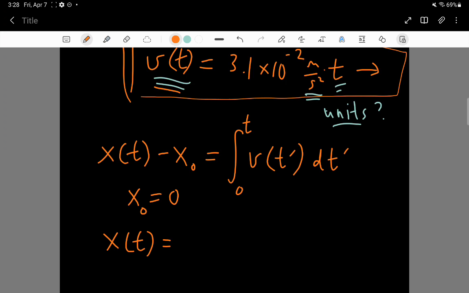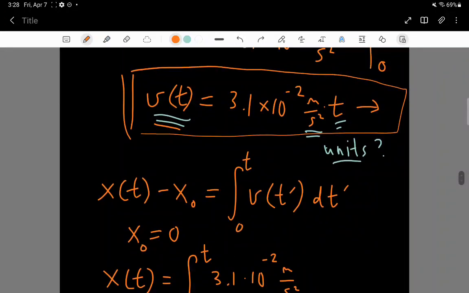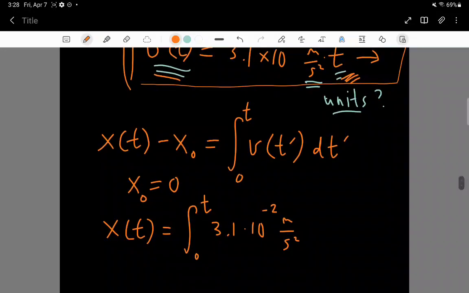Well, actually, let me be a little bit deliberate about this. So it's the integral from 0 to t. So v of t prime is 3.1 times 10 to the minus 2 meters per second squared, and there is the t right here. So it's multiplying t already, so that's t prime, and then dt prime.